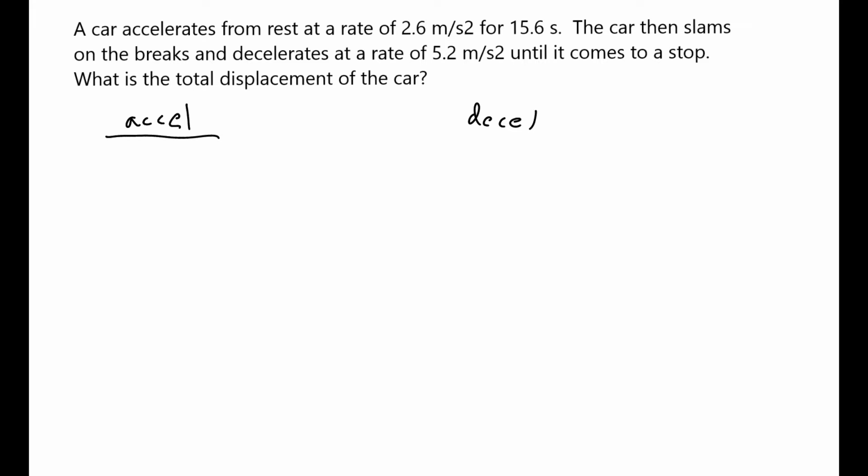Alright, for the acceleration part, what do we know? So acceleration is 2.6 meters per second squared. What else do we know? Yep, so time is equal to 15.6 seconds. What else do we know? Initial velocity is 0.